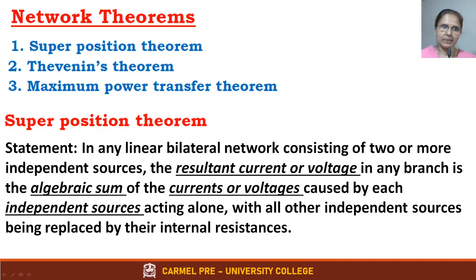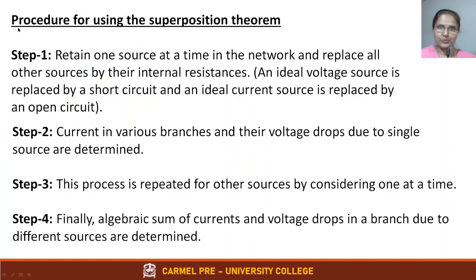So what does this mean? What does the superposition theorem mean if you have to solve it by steps? So next we are going to see the procedure for using superposition theorem. Step number 1. If a circuit consists of many voltage sources and current sources, you have to consider only one source at a time and you replace all other sources.